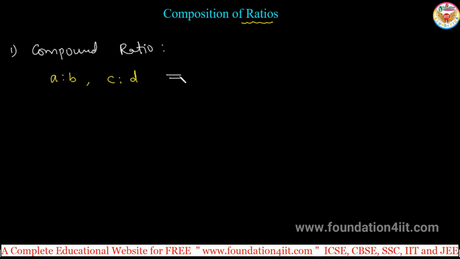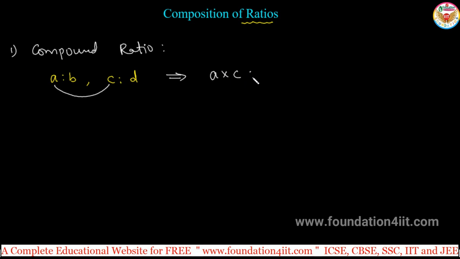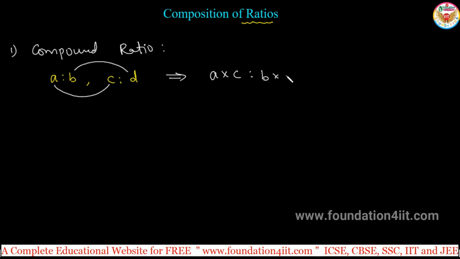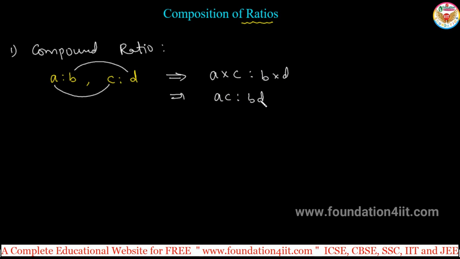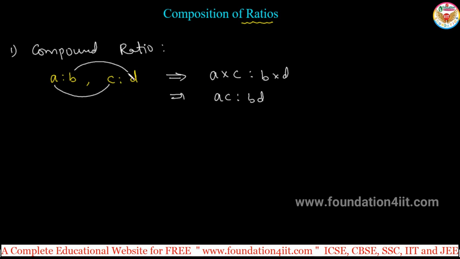To find the compound ratio, the product of their antecedents, so A into C, to the product of their consequents, so B into D. That means AC is to BD is the compound ratio of A is to B and C is to D. For any number of ratios, you multiply all the antecedents and multiply all the consequents. That is nothing but the compound ratio, right?